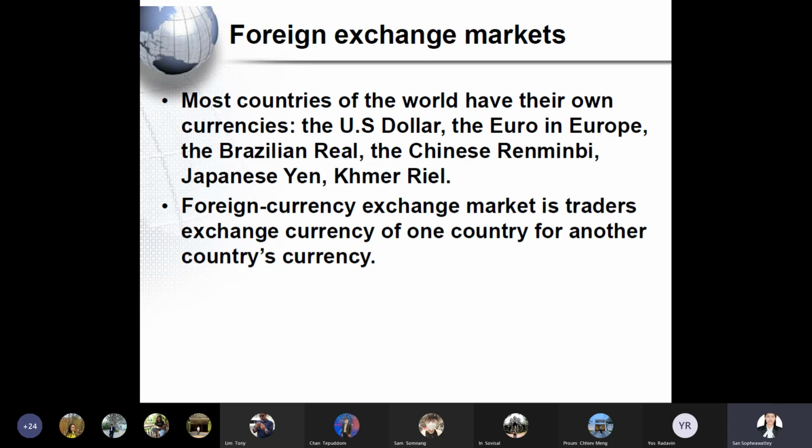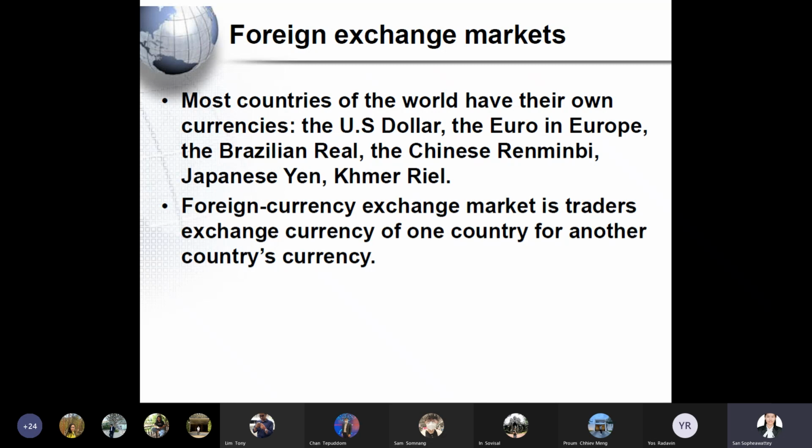Europe, they have euros, except the UK. And Brazil, they have the Brazilian real. The same name, a Cambodian Khmer riel. And then China, they have renminbi, and Japan, they have yen.